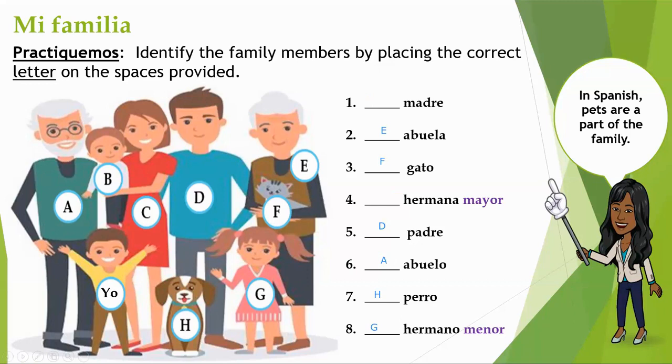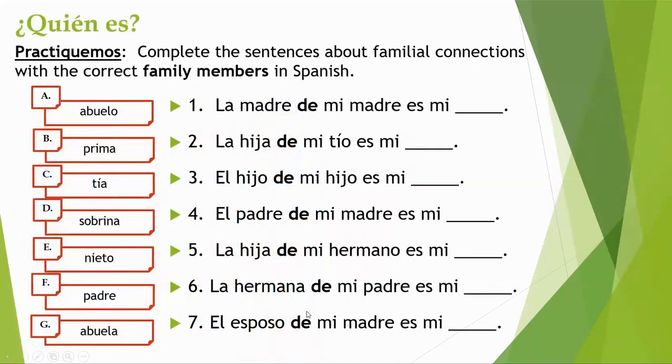All right, let me clear my annotations. Hold on. Okay, good. Now, let's go to the next slides. All right. Complete sentences about familial connections with the correct family members.